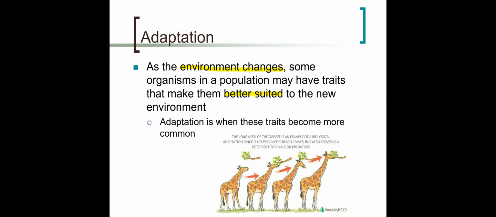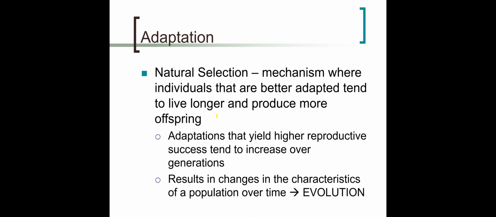And so those that are better suited are going to be well adapted. And what that does is being better suited means that those particular organisms are going to live longer and reproduce more, okay? And so natural selection is going to be the mechanism that ultimately leads to these adaptations.